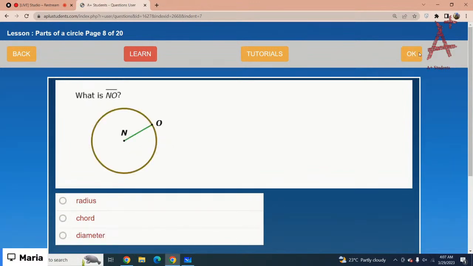What is NO? NO is the radius. That is a line segment that connects the center of the circle and any point on the circle. That would be the radius.